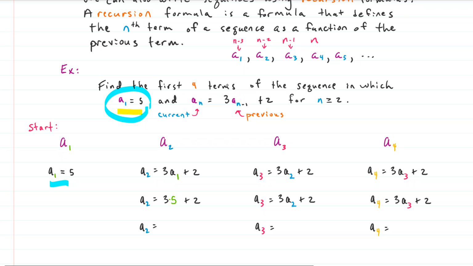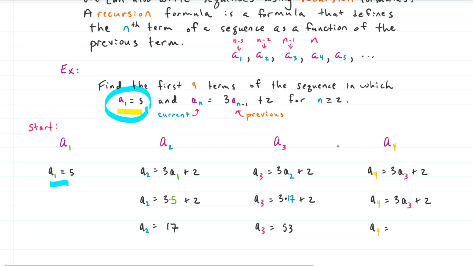So 3 times 5 is 15 plus 2 is 17. A sub 2 is 17. Then, for the next one, we take a sub 2 and we plug in 17. 3 times 17 is 51. 51 plus 2 is 53.